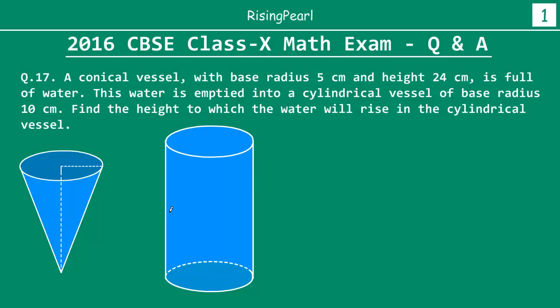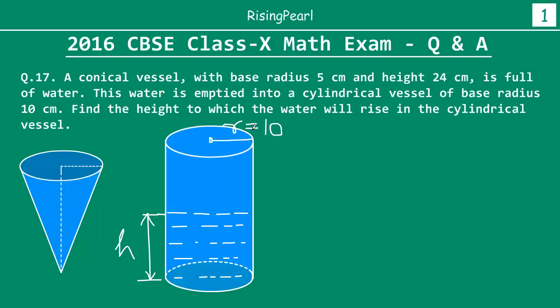Now that the same water is transported into the cylinder, at this point the cylinder has a certain amount of water, right? Say that the height to which the water level rises in the cylinder is h. We know the radius is given as 10 centimeter, and if it rises to height h centimeter, then what is the volume of water inside the cylinder?